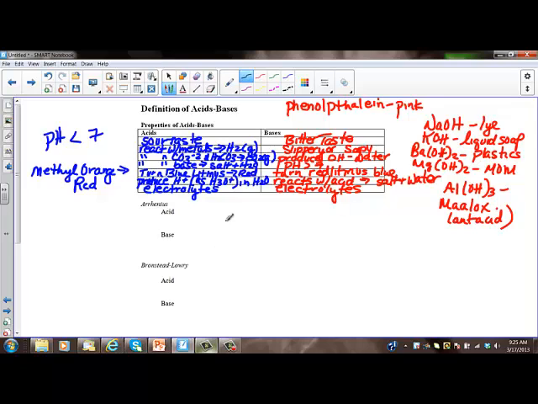Okay, so let's talk about three different acid-base theories. First of all, you have the Arrhenius theory, which is just the traditional acid-base theory. Basically, the Arrhenius acid produces H plus or H3O plus in solution.